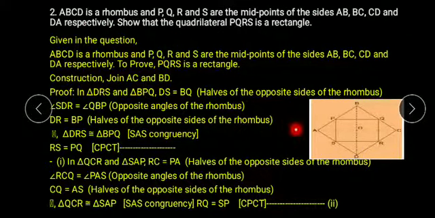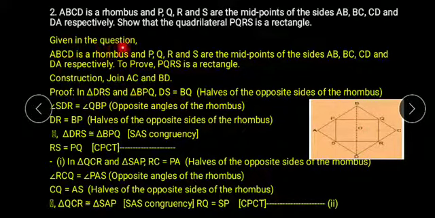So ABCD is a rhombus, and PQRS are midpoints of AB, BC, CD, and DA. Now we are required to prove that the quadrilateral PQRS is a rectangle.